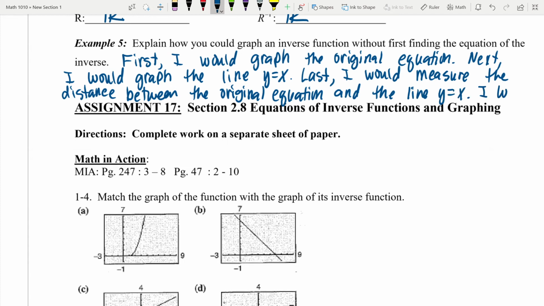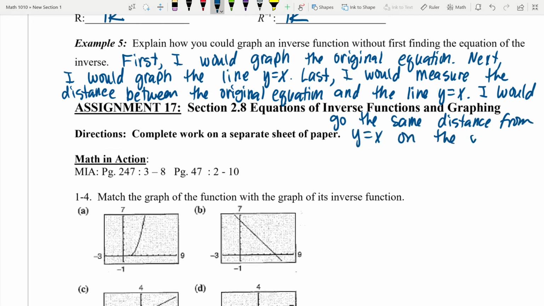And then I would say I would go the same distance from y equals x on the opposite side of the original graph. Okay, so that's totally an option.